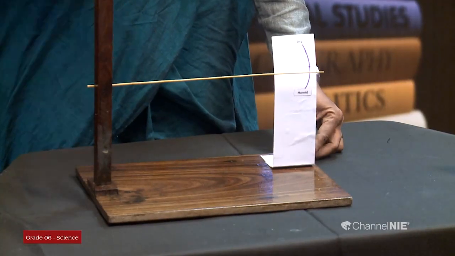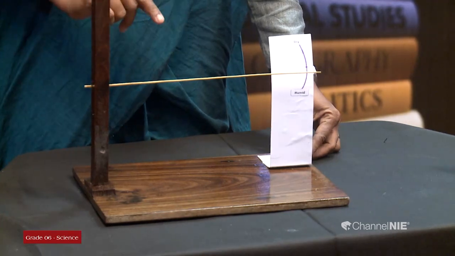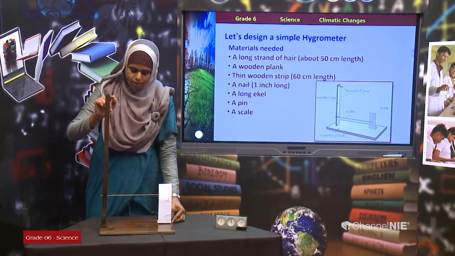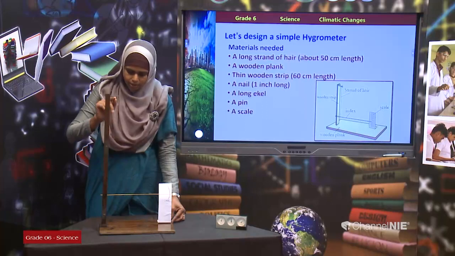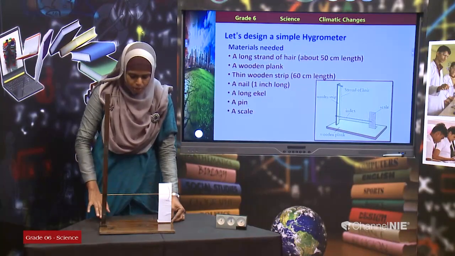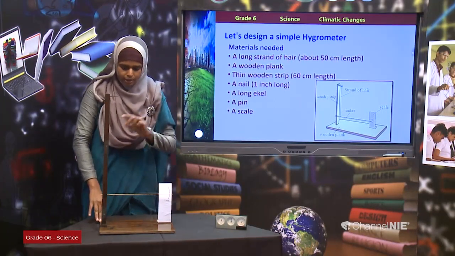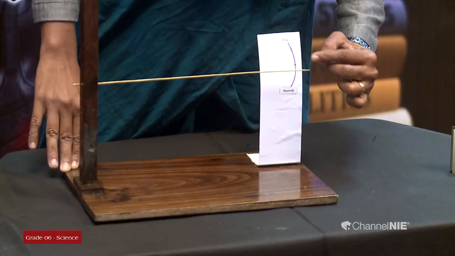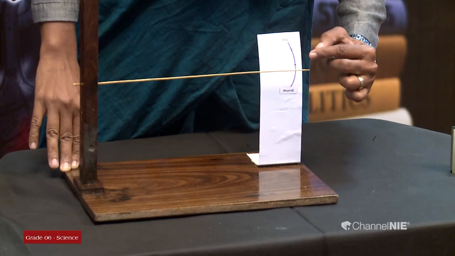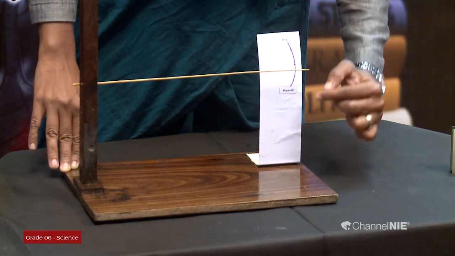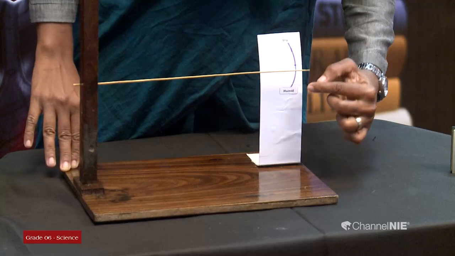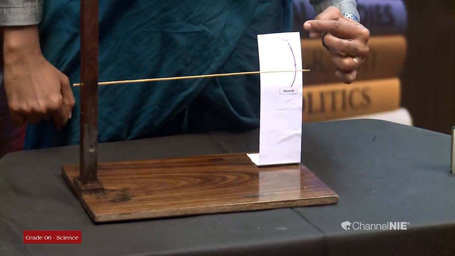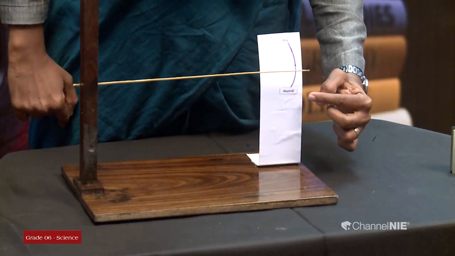The needle is fixed and the nail and needle are connected with this hair, right, and it is kept horizontally. The indicator shows the middle value, and the scale has dry and humid, the two values, dry on top as well as humid.